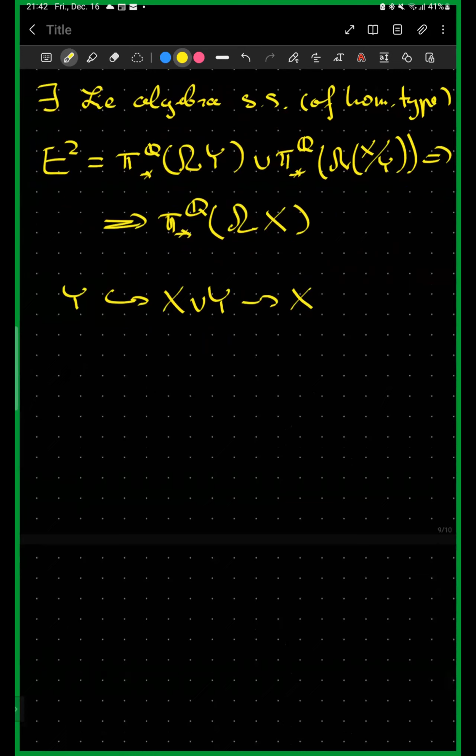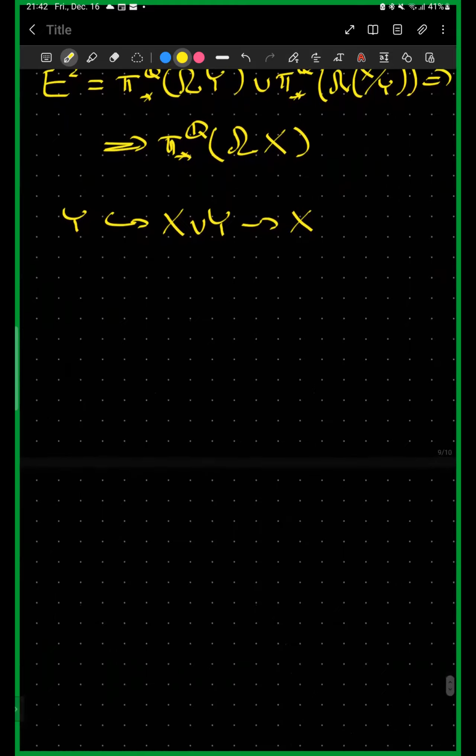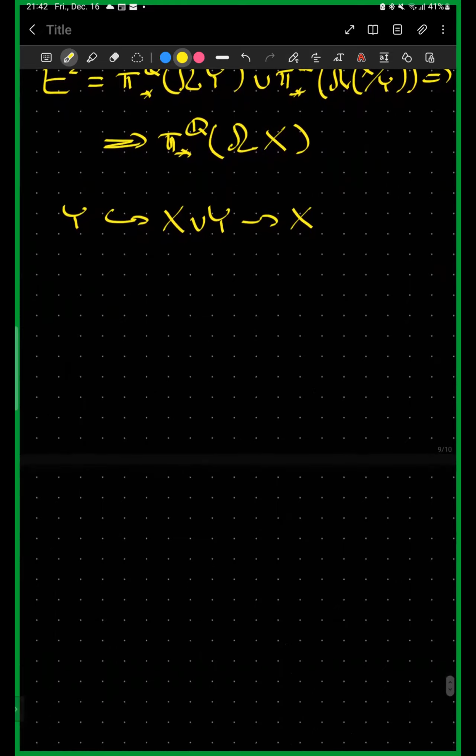So that's one application of this theory in a topological context, but we can give another one.